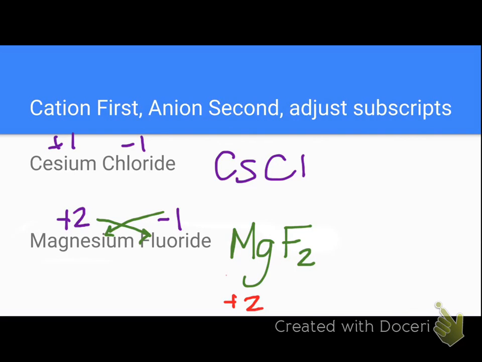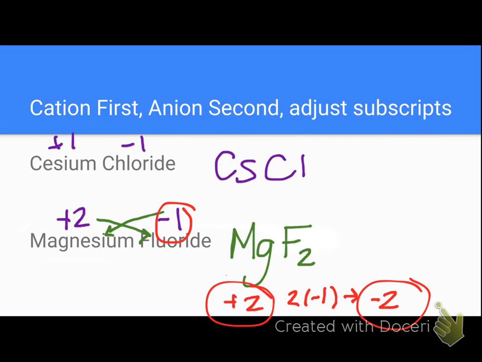If I have 2 fluorines, that's 2 times -1, because each one is -1, and that gives me a -2 charge. And now our charges cancel. So when we cross those charges, it helps make sure they cancel.